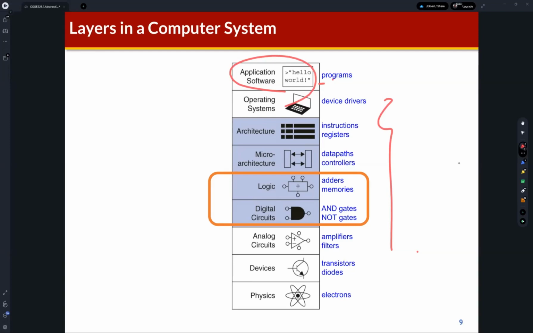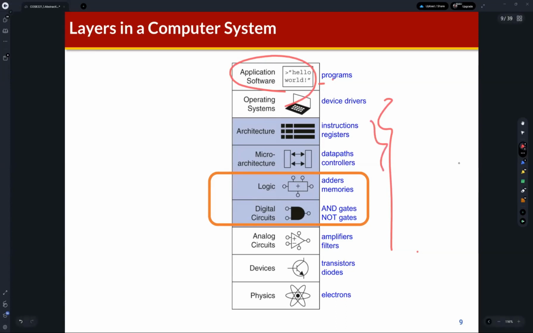Also, architecture and microarchitecture are part of the computer systems. I believe everyone knows the software runs on the hardware. The performance and every aspect of the software depends on the hardware of the computer systems. That's why we need to learn about hardware in the computer engineering department.